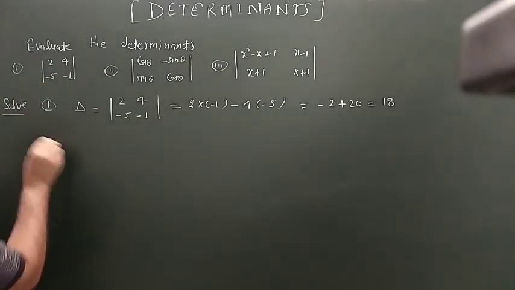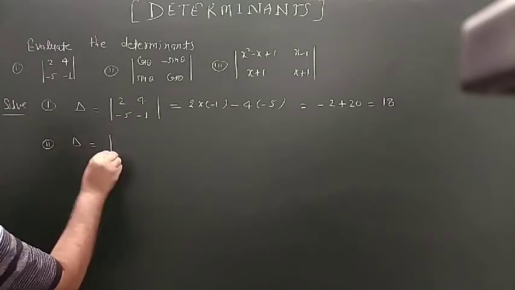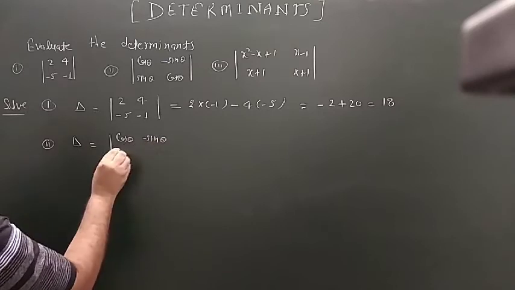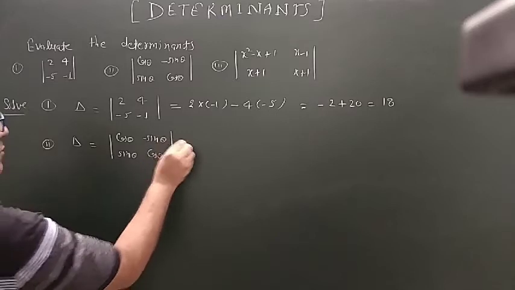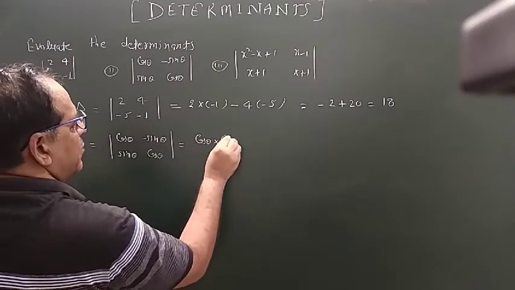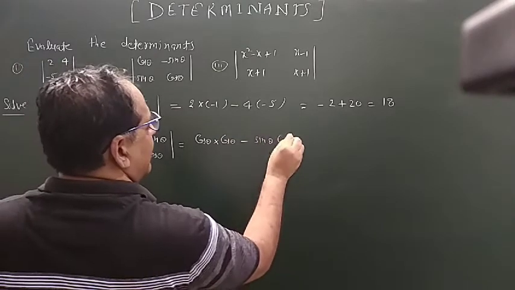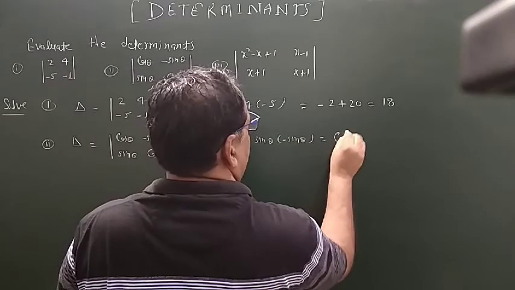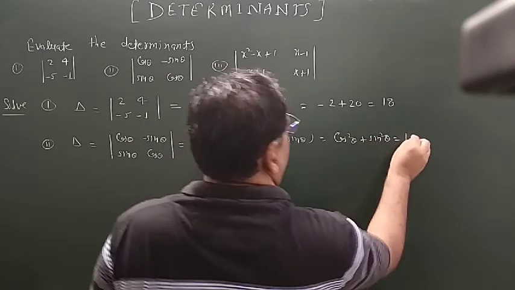In the second part, del equal to determinant |cos theta, -sin theta; sin theta, cos theta|, which is cos theta into cos theta minus sin theta into minus sin theta. This is cos square theta plus sin square theta, which is equal to 1.